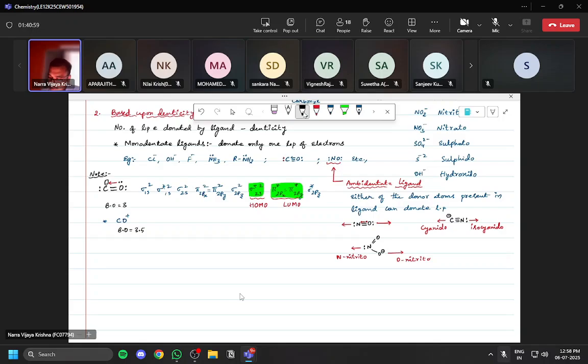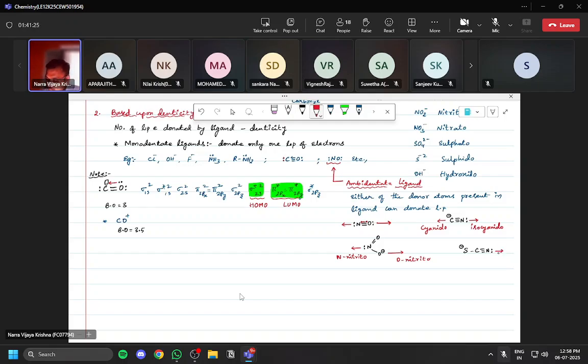Same way, SCN. If I keep the triple bond here, I can write it like this also, no? I will write nitrogen with a lone pair and sulfur with a negative charge.